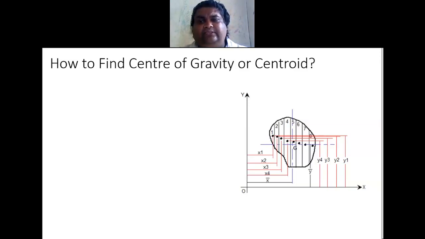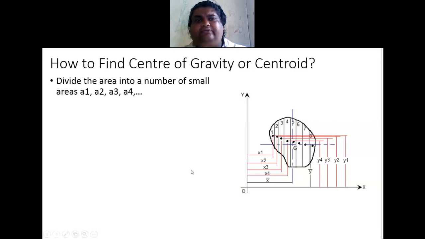So first we need to find the center of gravity. So I have an arbitrary area here, right? What I have done is I have first divided this area into a number of parts: 1, 2, 3, 4, 5, 6, 7, 8.